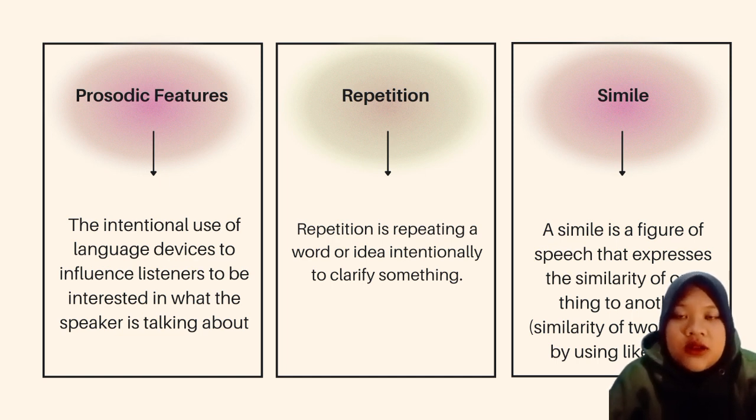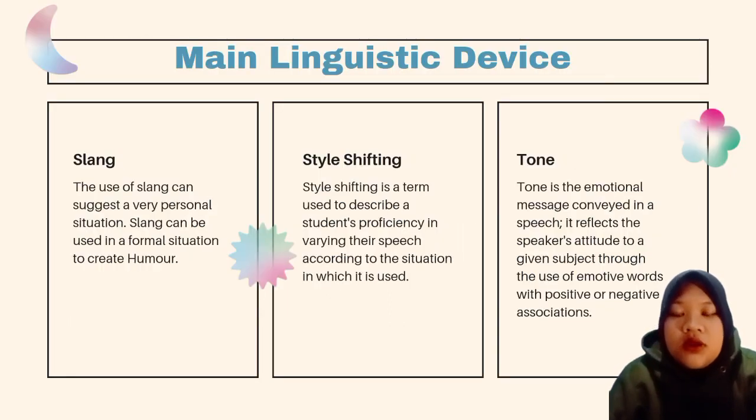And then simile. A simile is a figure of speech that expresses the similarity of two things by using like or as. And then slang. The use of slang can suggest a very personal situation.